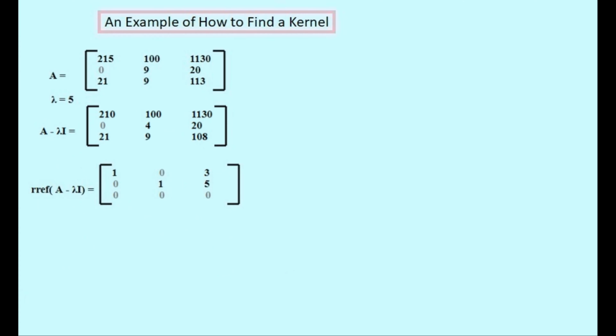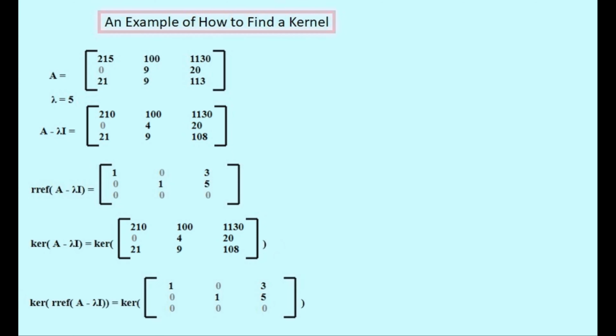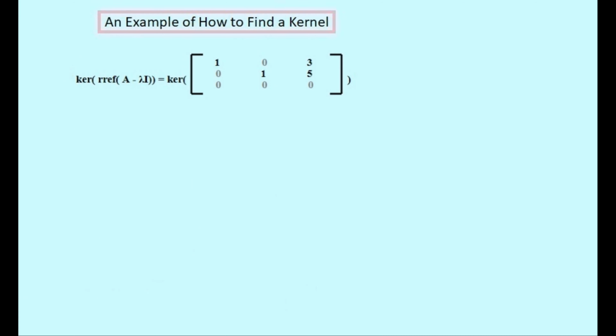So after reducing it to reduced row echelon form, we get this matrix, which we can use to find the eigenvector corresponding to the eigenvalue of lambda is equal to 5. This eigenvector would be an element of the kernel or null space of this matrix in reduced row echelon form.